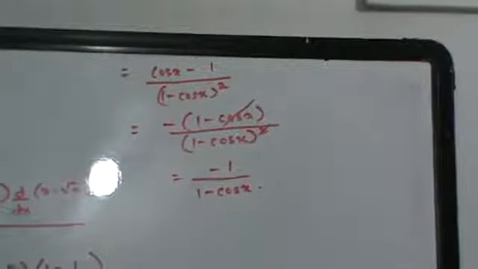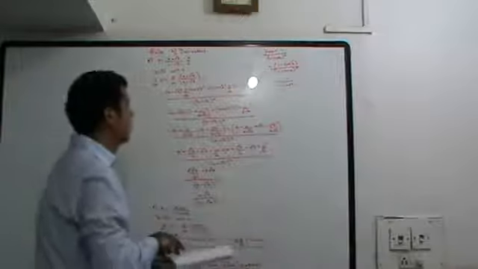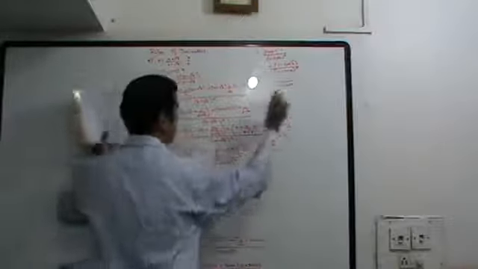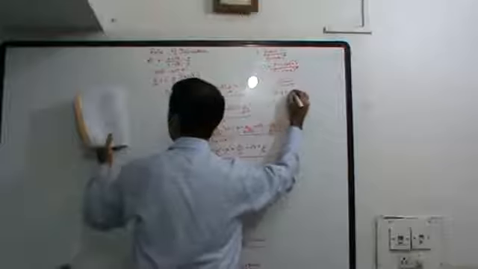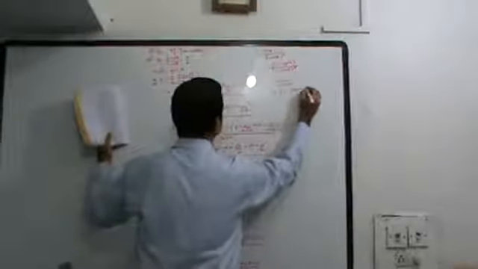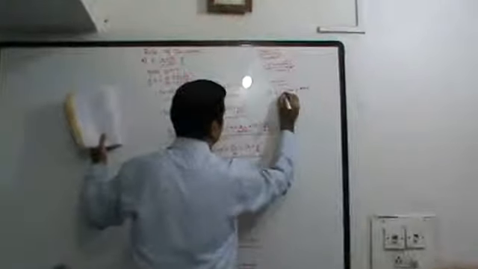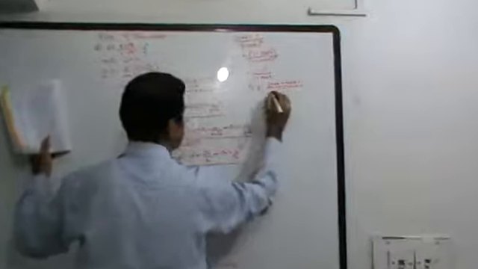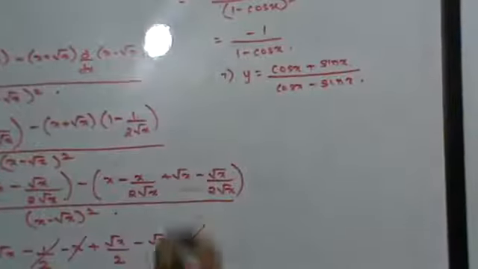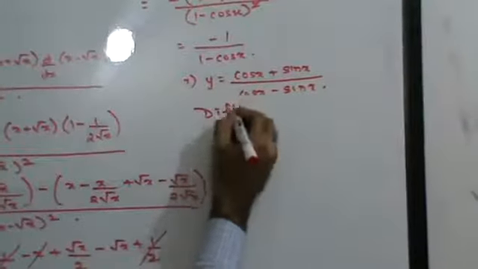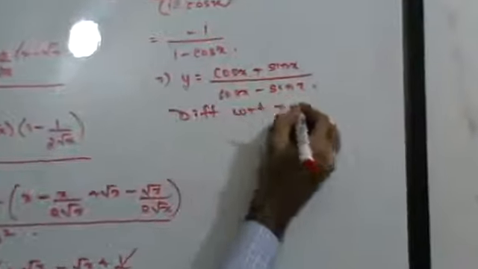Fine. Let's see another sum, people. Y is equal to cos x plus sin x upon cos x minus sin x. Right? Same thing, using the division formula, differentiate with respect to x.